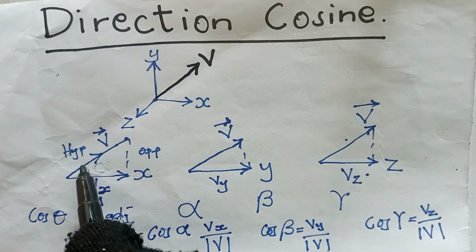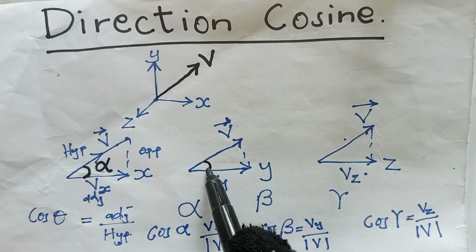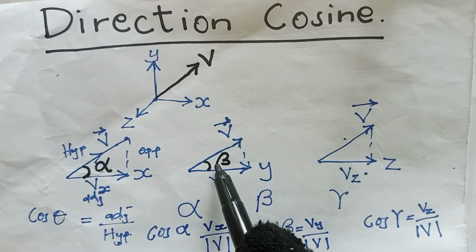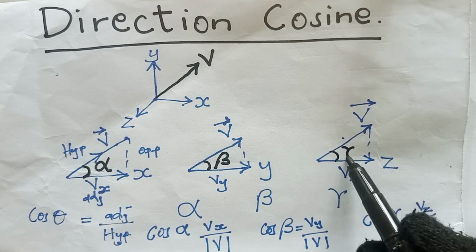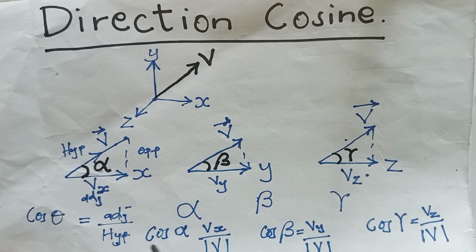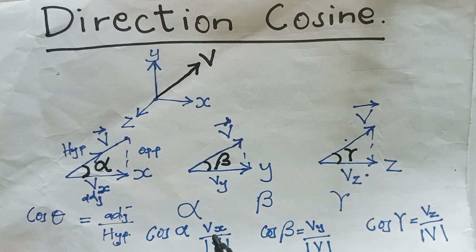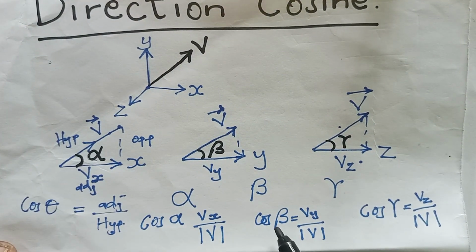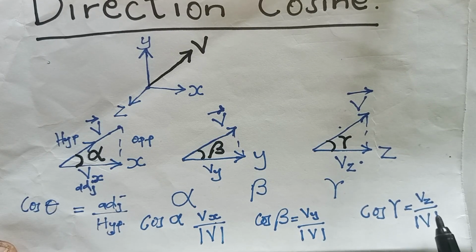Since this is our angle alpha, this is our angle beta, and this is our angle gamma, cos alpha is Vx over the magnitude of V, cos beta is Vy over the magnitude of V, and cos gamma is Vz over the magnitude of V.